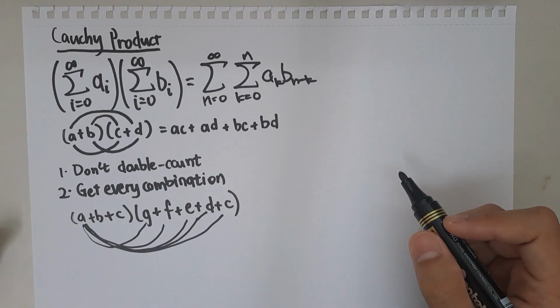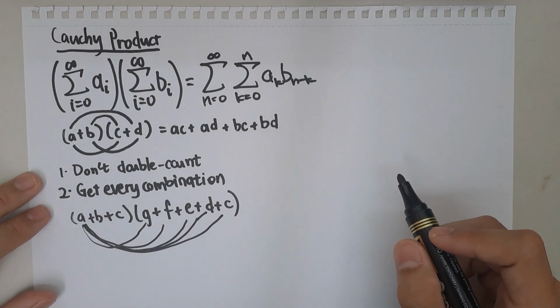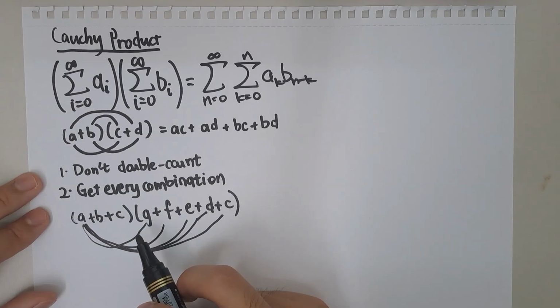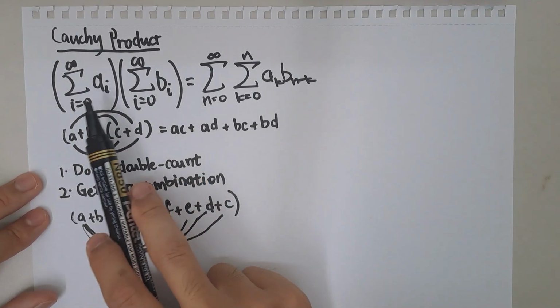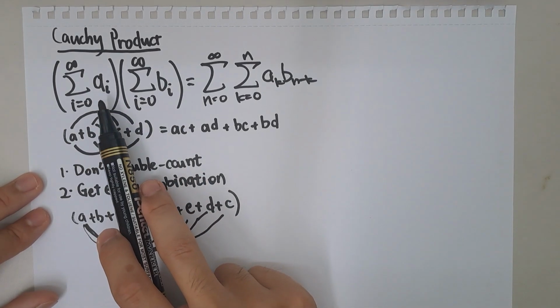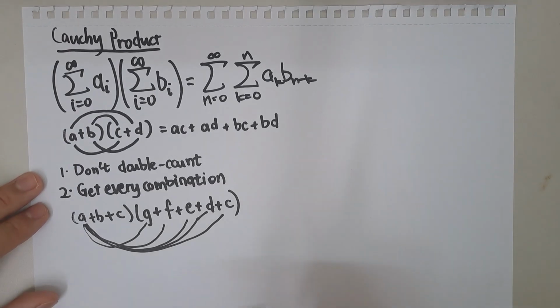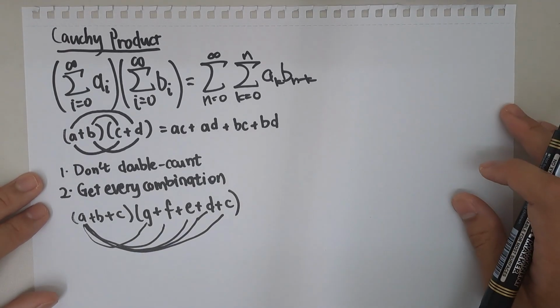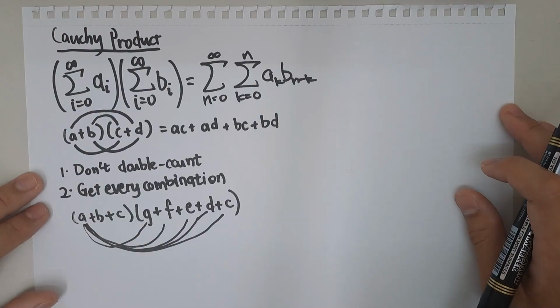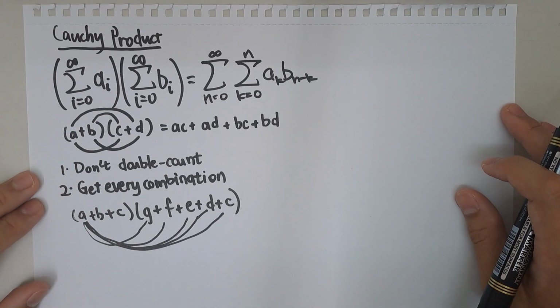This is especially more difficult when we have more and more terms, especially when we go up to an infinite number of terms. So maybe we are gonna try and visualize this a different way.